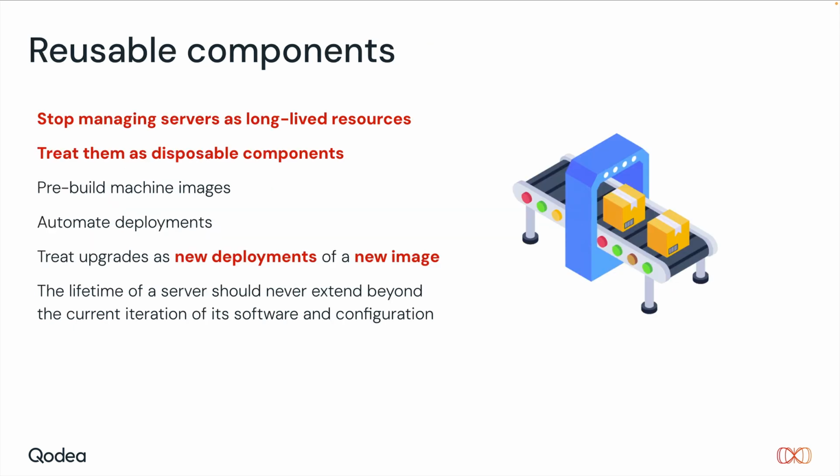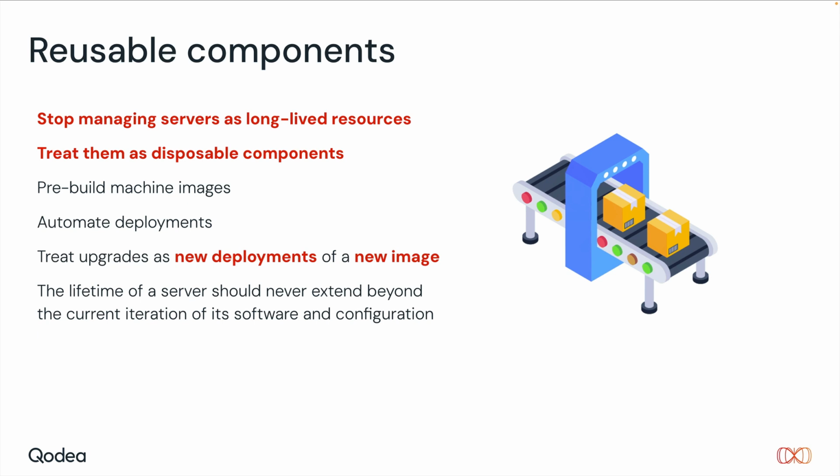So ideally, we want to stop managing servers as individual, long-lived resources and start treating them as disposable and reusable components. We can do this by pre-building the desired state of our applications and configurations as machine images, and then using CI/CD tools to automate deployments.